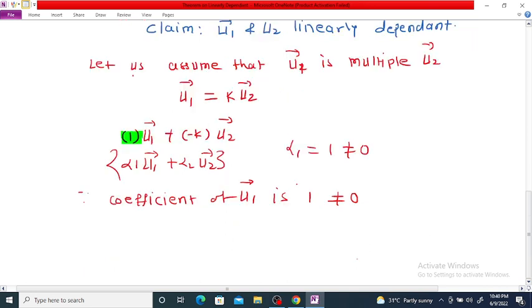Therefore, by using the definition, u1 bar and u2 bar are linearly dependent, and hence the proof.